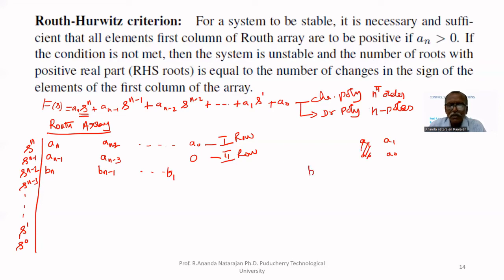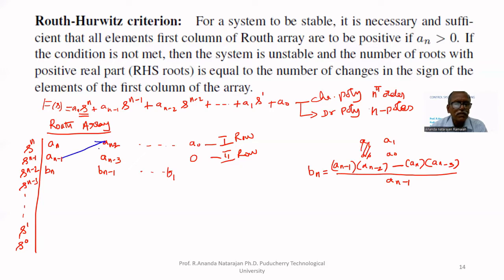So what is b n? b n equals a n minus 1 multiplied by a n minus 2, minus a n multiplied by a n minus 3, whole divided by a n minus 1. We have to remember this way: multiply these two, minus the product of these two, divided by this. That is b n. What is b n minus 1?